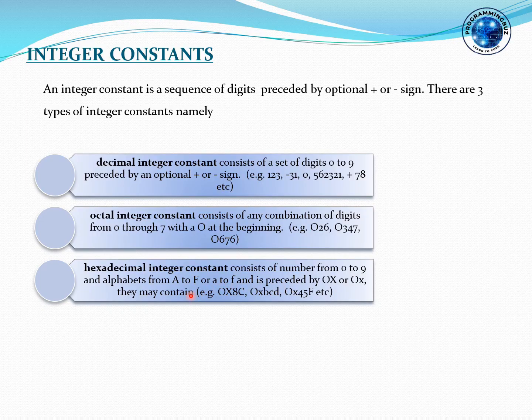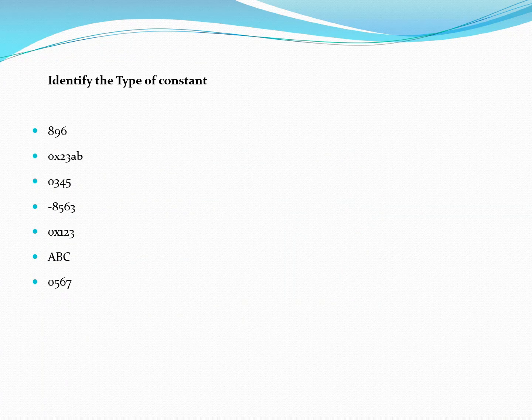So let's do some exercise. Here you have to identify the type of constant. The first number is 896. Of course it is a decimal integer constant, as it contains the digits 8, 9 and 6. Then the second number is 0x23ab.